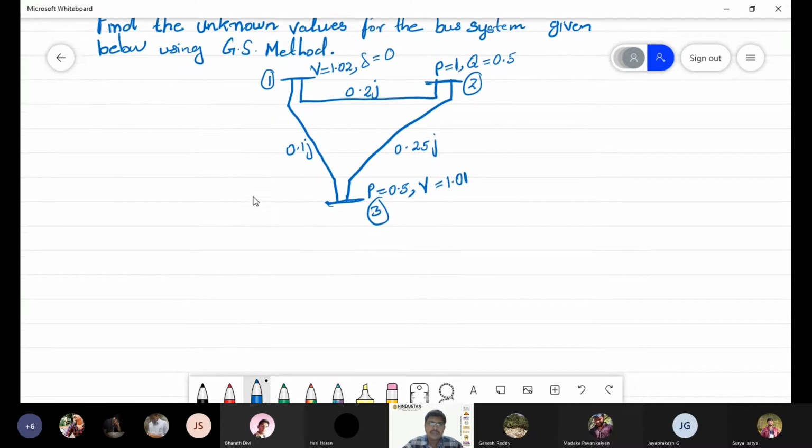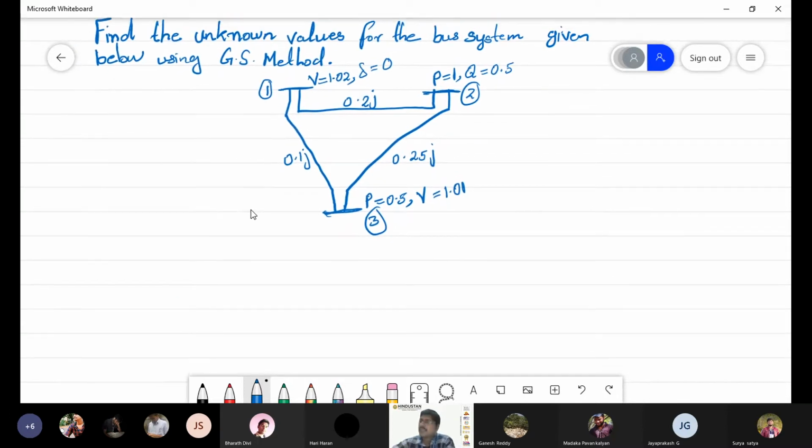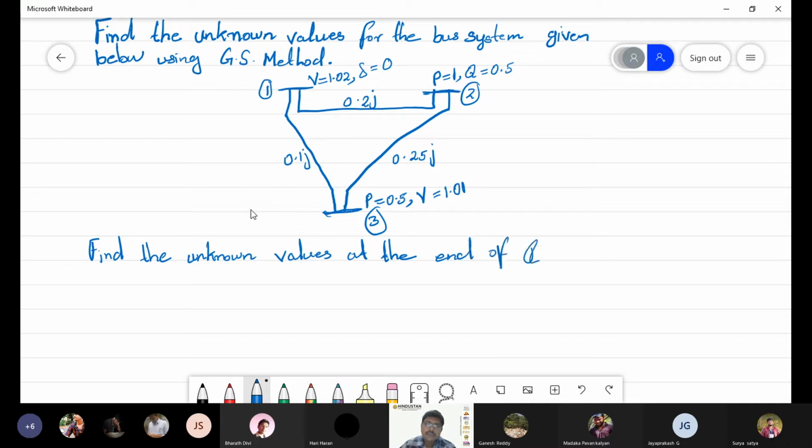This is the system given, and they may also specify the number of iterations. So find the unknown values at the end of iteration 2.